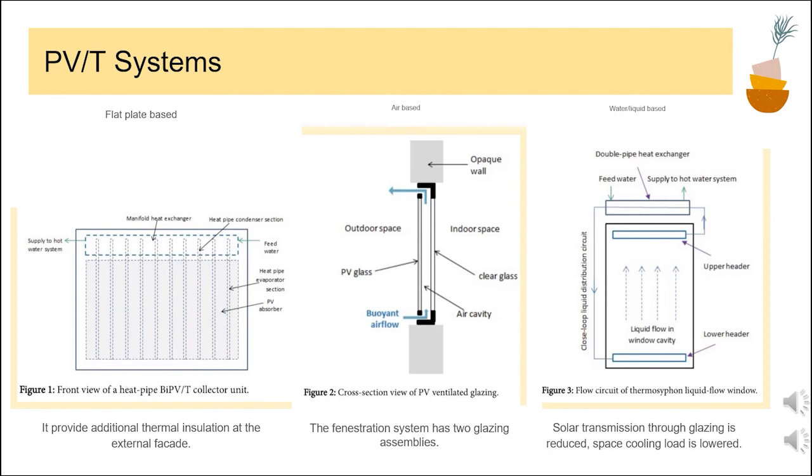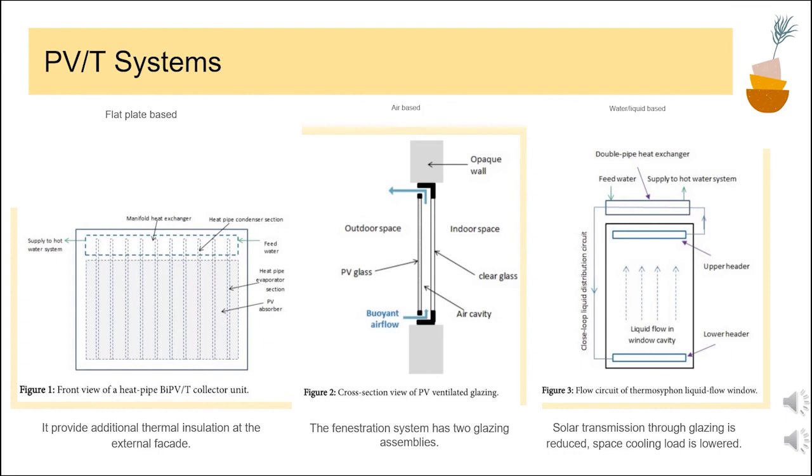And as an economical alternative, one promising design is the replacement of the airflow channel by a colorless liquid flow like water. In the liquid flow option, a thermosiphon-induced liquid stream flows up the cavity to the heat exchanger at the top for feed water heating, where Figure 3 shows an indicative liquid flow circuit.